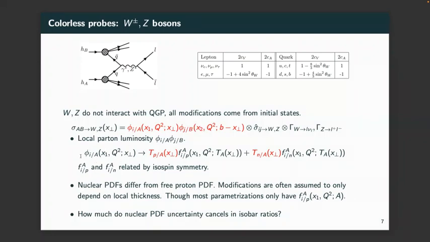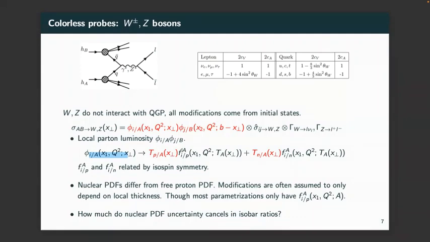And if you take one of them, the naive expectation is that the parton i from the nucleus at this specific transverse location is just a superposition of the fraction of protons times the proton PDF and the fraction of neutrons times the neutron PDF. And the neutron and proton ones are fully related by isospin symmetry. But the realistic case is not like this.